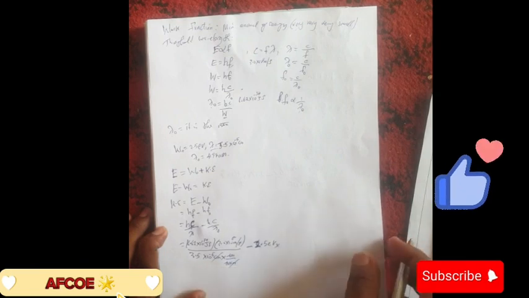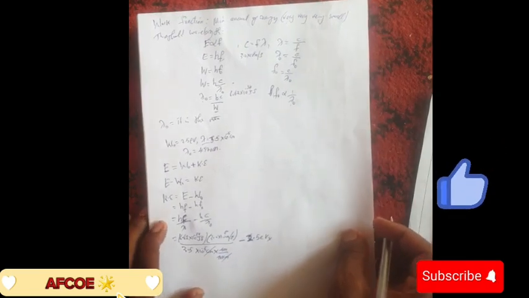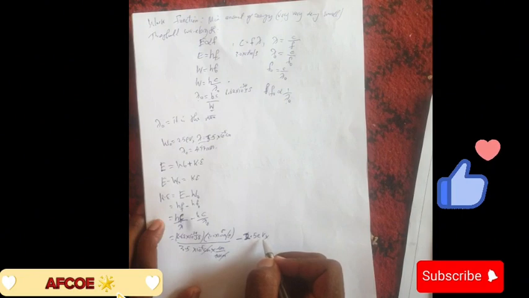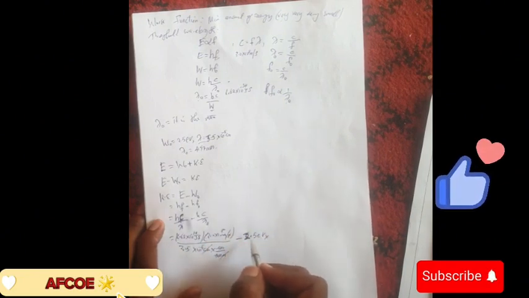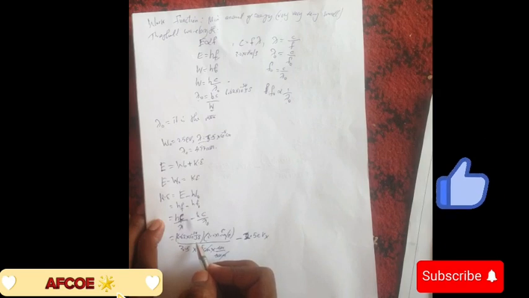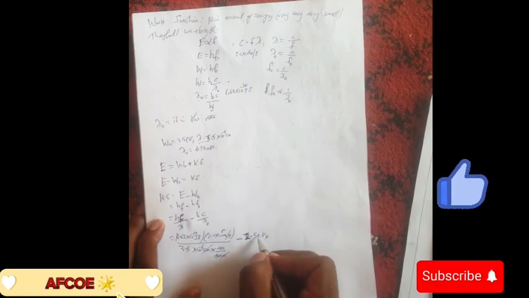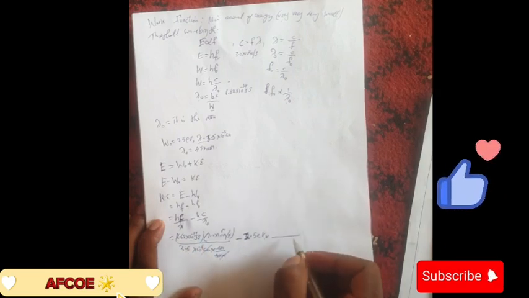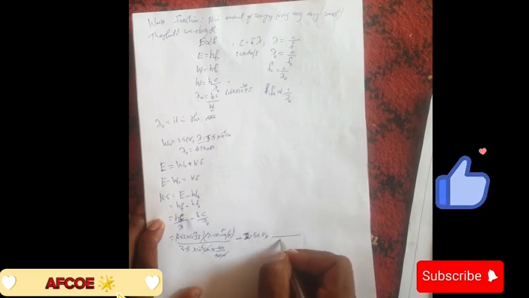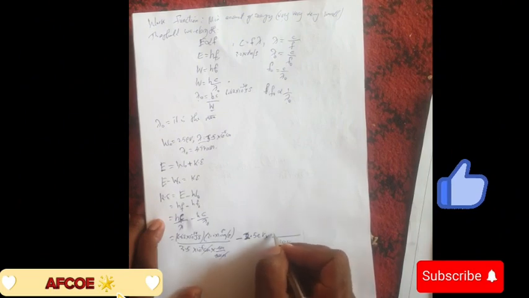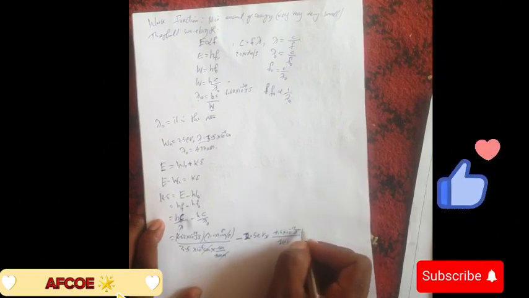Similarly, I'll go now to my work function. For it to be homogeneous again, I'll convert this to joule before I subtract the two. They must have the same unit. I cannot subtract electron volt from joule. Not possible in physics. So you put 2.5 electron volt. Now I'll convert this. Electron volt has to be on the bottom, then joule on top. The conversion is simply 1 electron volt is 1.6 times 10 to the negative 19 joule.